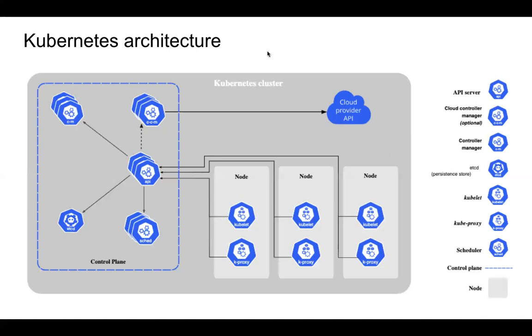Let's see the details and functionality of all these. Now keep in mind the diagram. If you look at it, one thing is very obvious: every communication that goes in and out goes through the API server, or the API component. Others have other functionalities, but they all talk to each other via the API server.